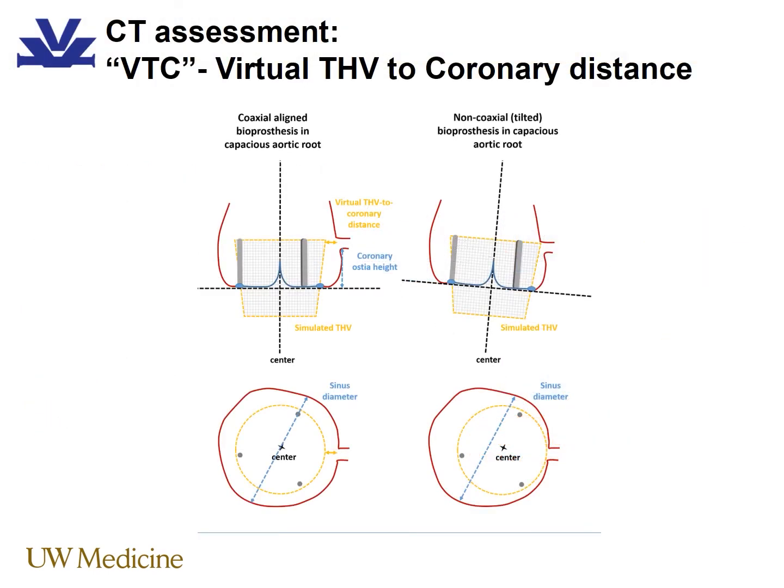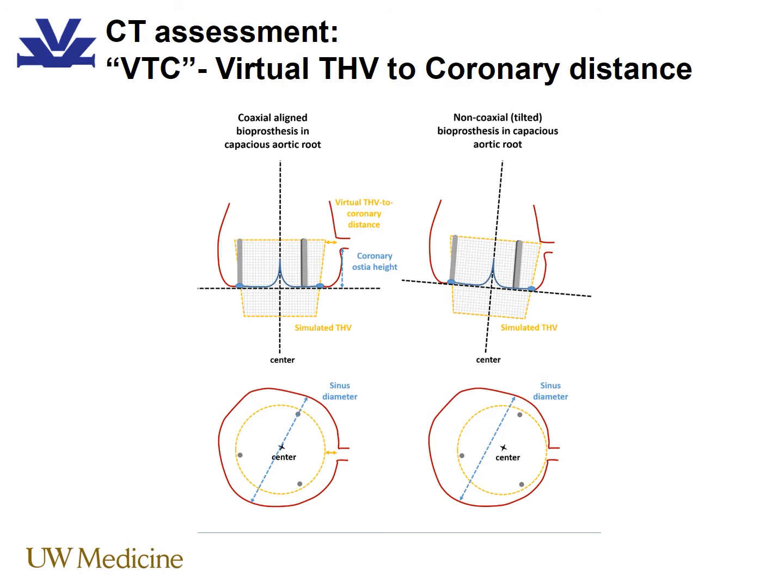Here, just shown very nicely on the right and the left, you see a coaxial aligned bioprosthetic valve in a very capacious aortic root. The virtual THV to coronary distance is demonstrated. The coronary heights are demonstrated. The height from the positioning of the surgical valve to the coronary is well demonstrated as well.